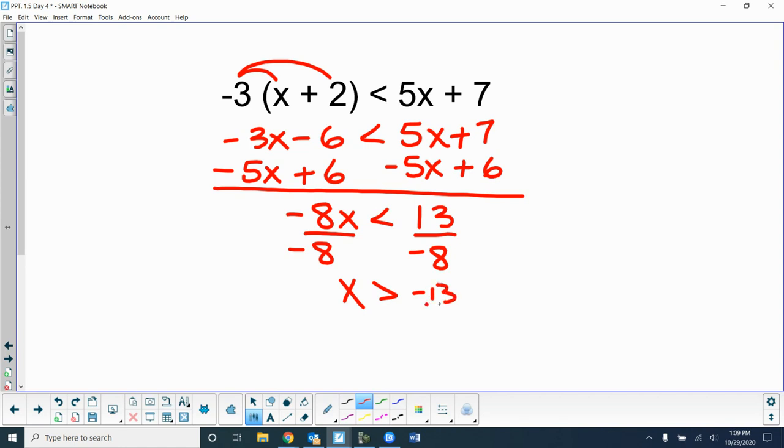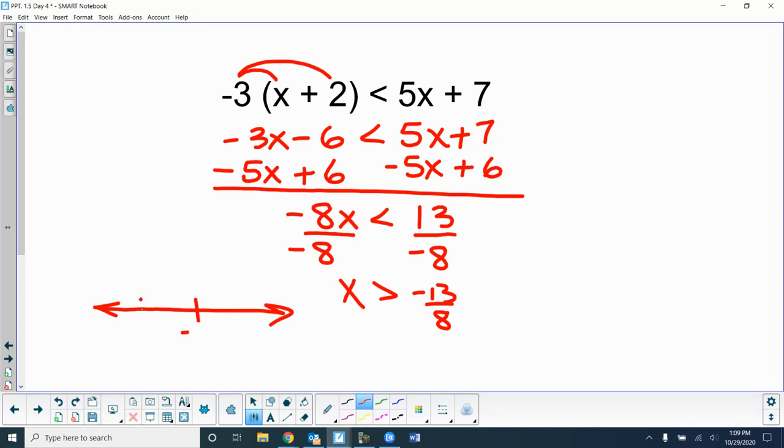And some of you did it the other way where you kept the x positive, you didn't have to flip the sign. It still should be pointing towards the negative 13/8, right? Wherever it is. So we're saying x, the graph, 13/8, that's between 1 and 2, negative 1 and negative 2, right?